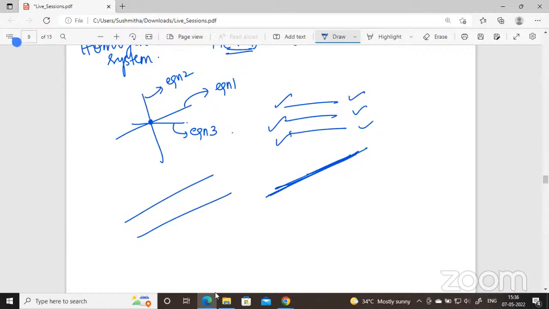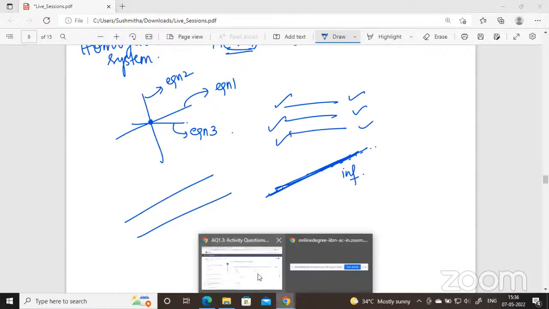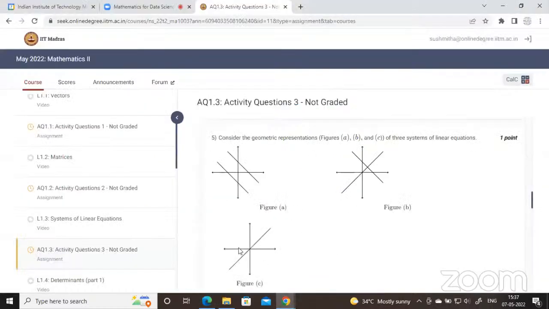They're intersecting on all the points of the line, one on top of the other. So in this case, there are infinitely many solutions. Is it clear from these 3 figures? Yes, ma'am. The first one does not have a solution. The second one has a solution. And the third one, infinitely many, assuming that both the equations represent the same line, right?